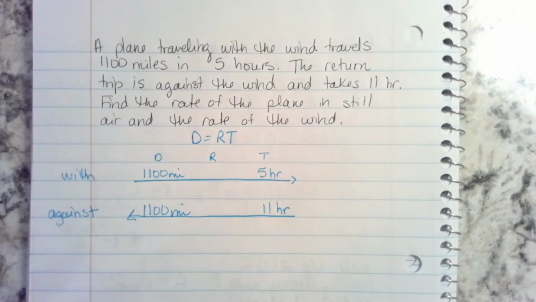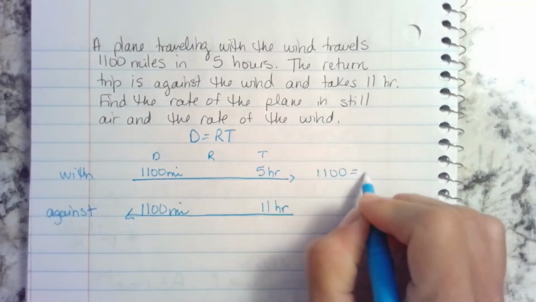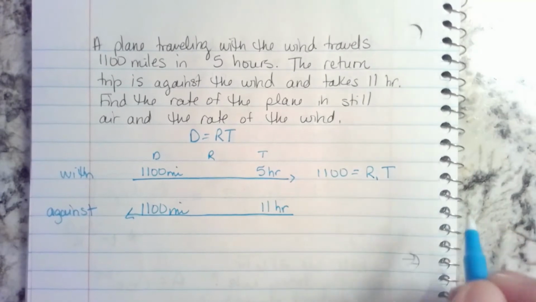We're trying to find what the rate is in each of these cases. So how can I find the rate? This one means distance equals rate 1, I'm going to call it rate 1, times time.